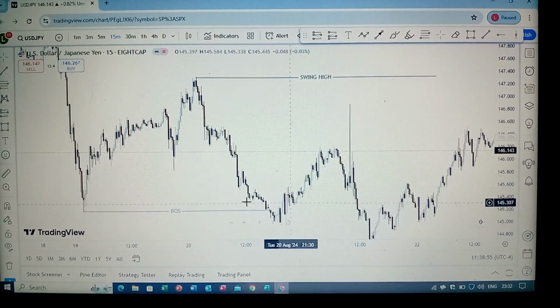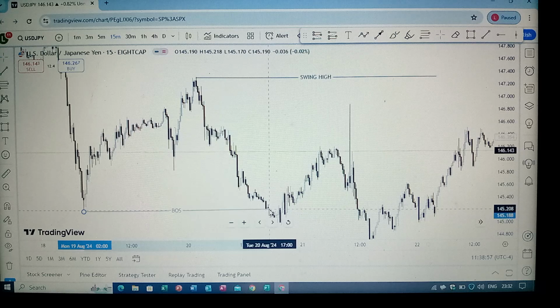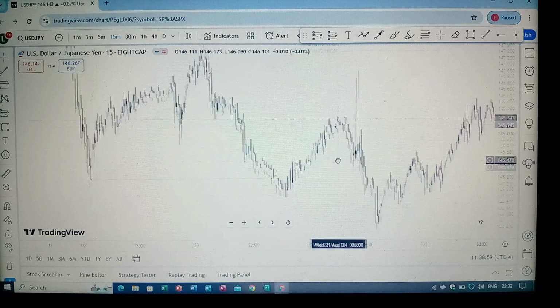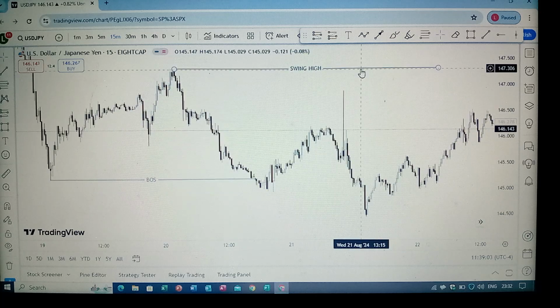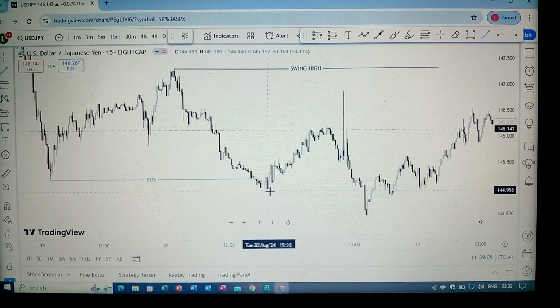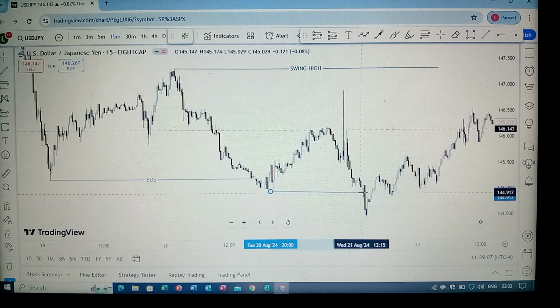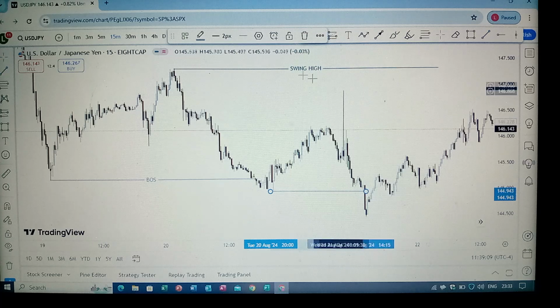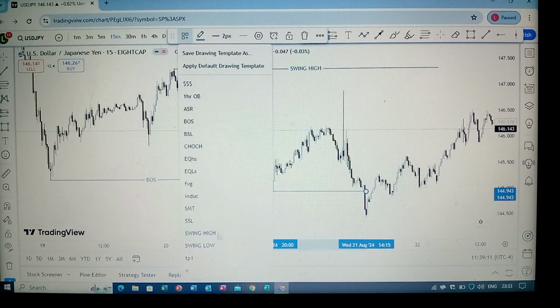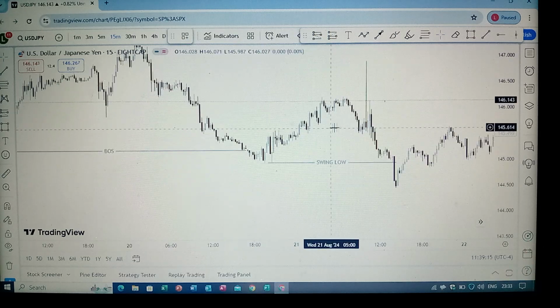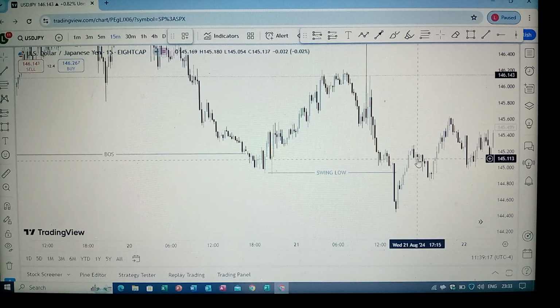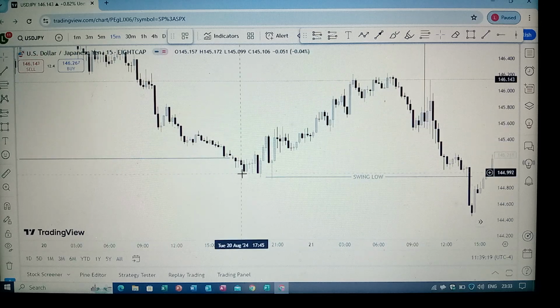So guys, as I was saying, we had a breaker structure, right? My trading range was from this swing high to this swing low down here before we broke structure, right? Before breaking structure, that was my swing low. So on the 1 minute time frame, what I saw is that we had a breaker structure of this level, right?